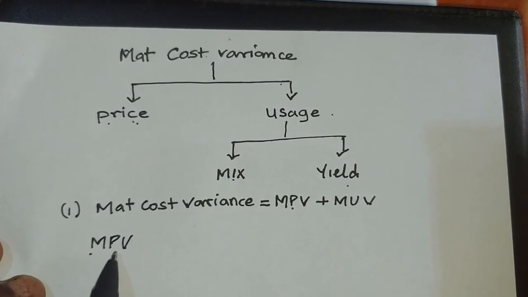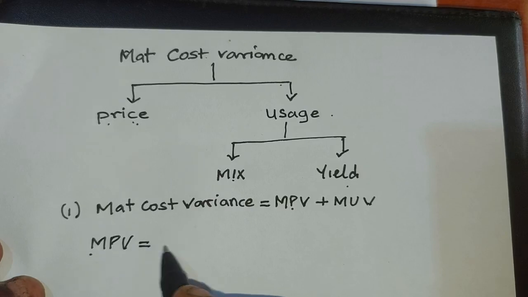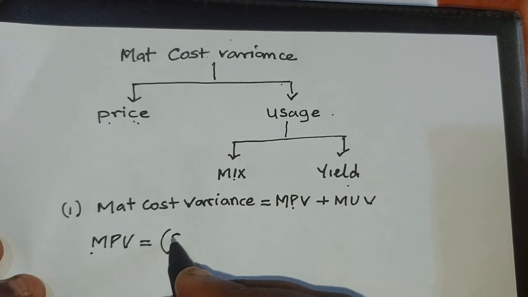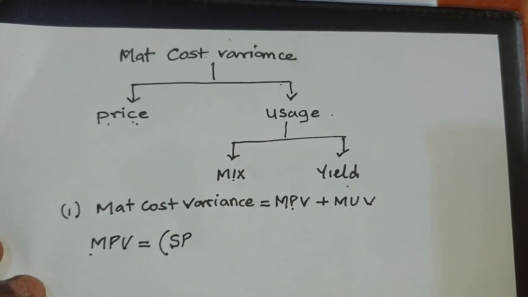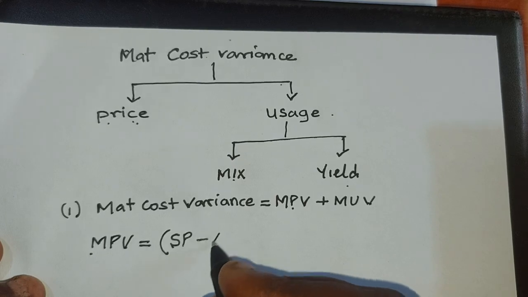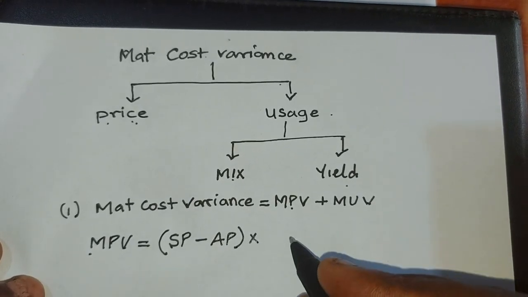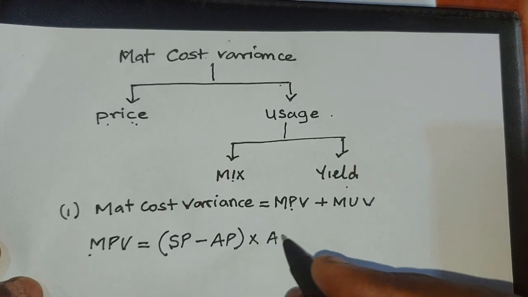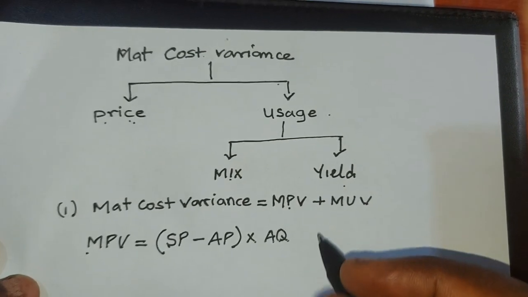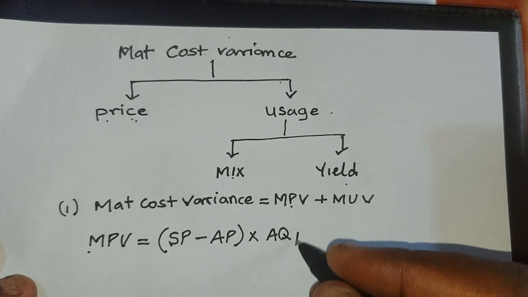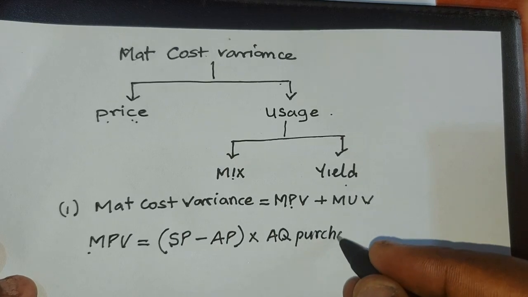Material price variance is nothing but the standard price minus the actual price, multiplied by the actual quantity of material purchased.